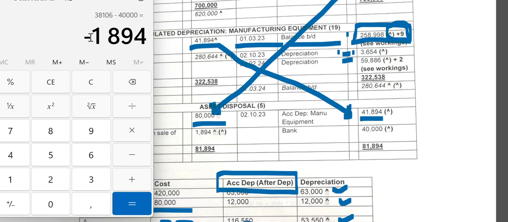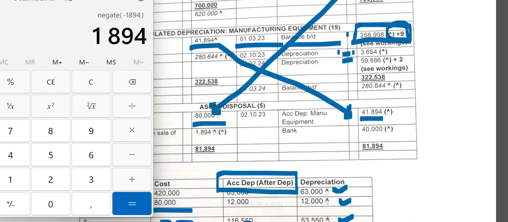Ignore that minus, because this is actually a profit, because the book value was 38 and we sold it for 40. So on the debit side, in the asset disposal account, you're going to have a profit of 1894. Then both these accounts, the debit side and the credit side get added up and they total the same.